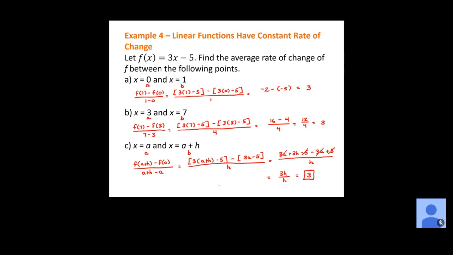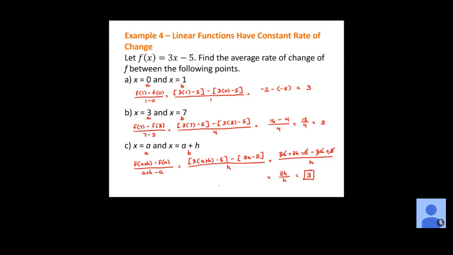Why would my average rate of change in all of these situations be 3? Yeah, if you look at this, what type of function did we have? So 3x minus 5 is what kind of function?